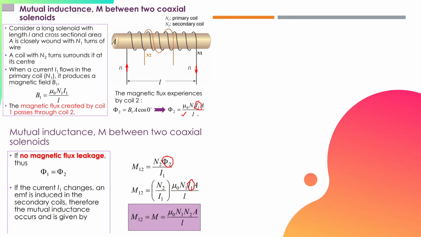So by rearranging this equation, the mutual inductance is also equal to mu naught N1 N2 A over L.